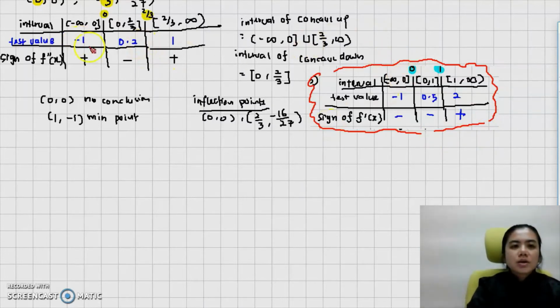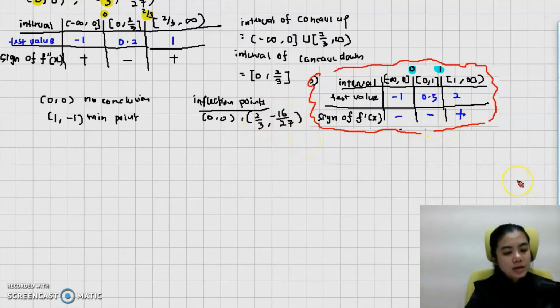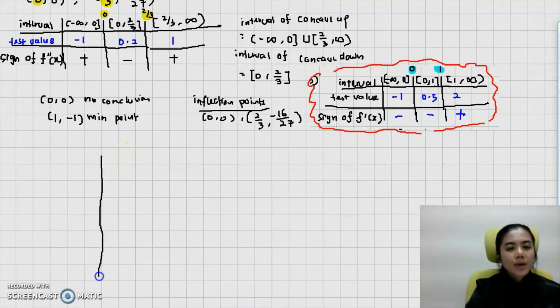And this is the interval of concave up and down, right? So let's look at the values that we need on the axes. Let's just draw the axes first: you have the y and you have the x.